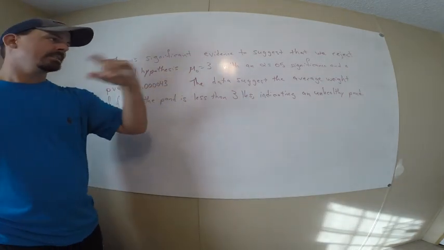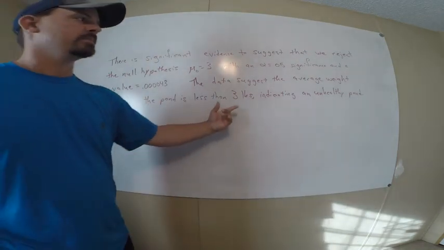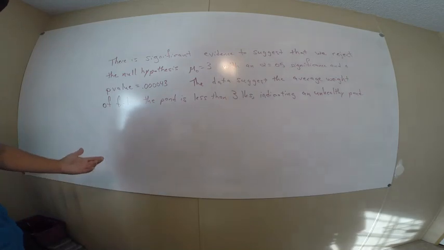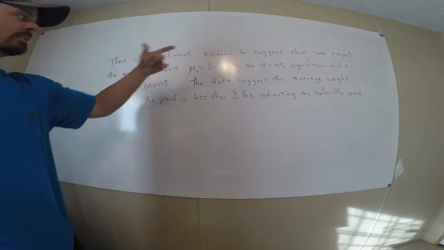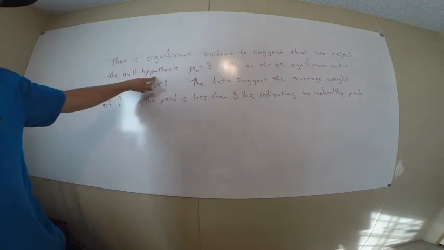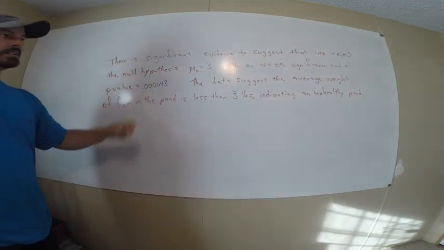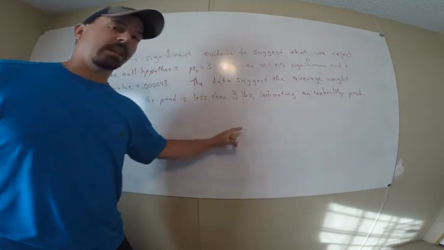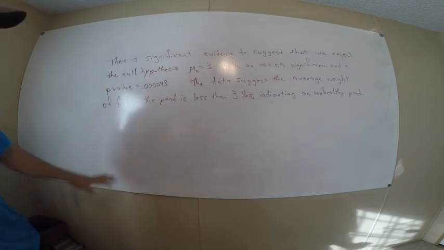The data suggests the average weight of fish in the pond is less than 3 pounds, indicating an unhealthy pond. So biggest thing, you really want to state whether you reject or fail to reject your null hypothesis. Okay, you need to state your significance level, you need to state your p-value, and you need to have a sentence kind of relating it back to what the actual question was asking. So, there's an example right there of it.